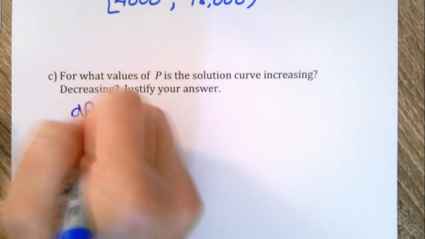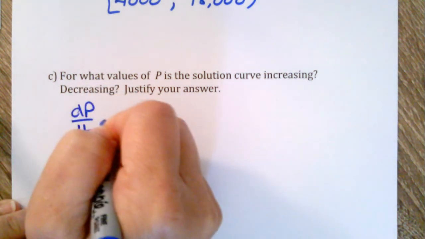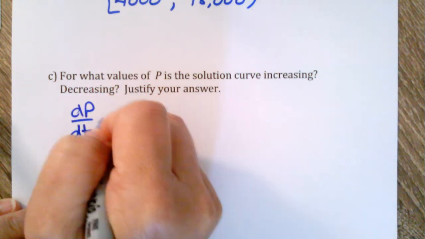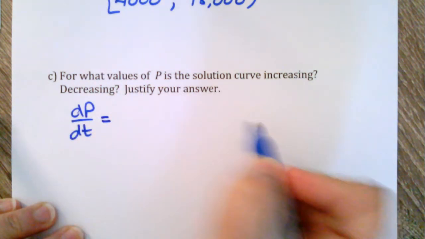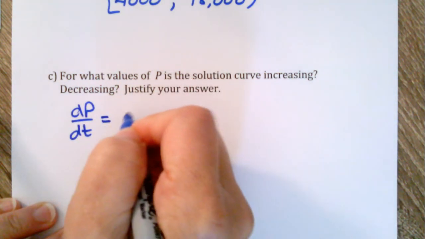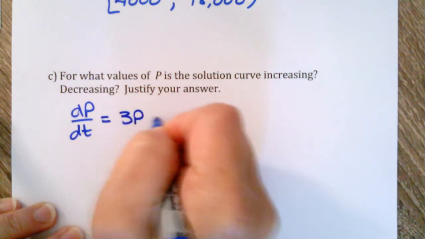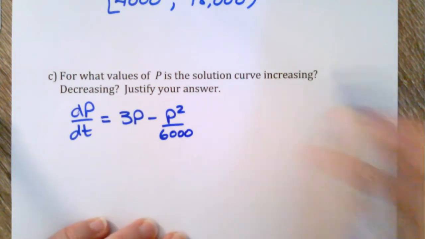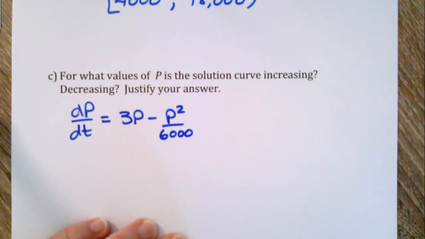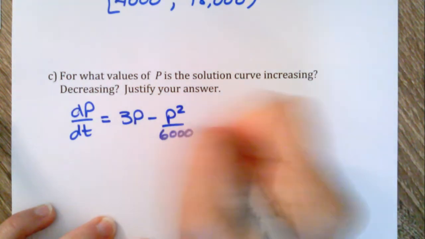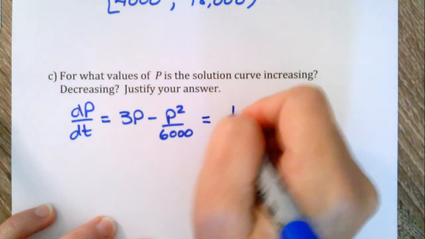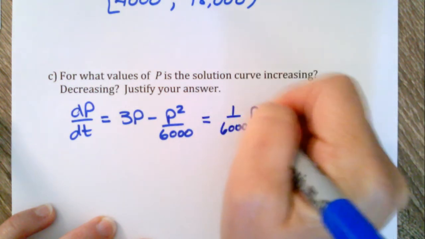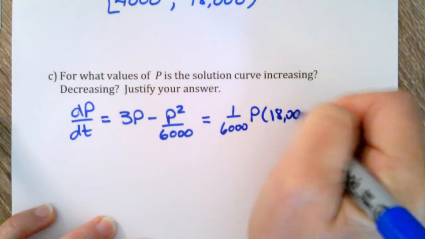So my derivative dP/dt is equal to, I'm going to write both forms that we have here.